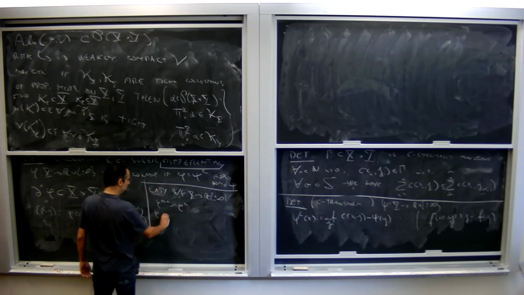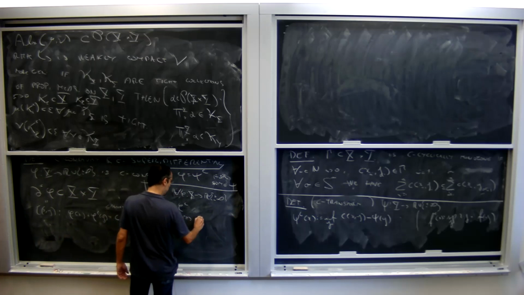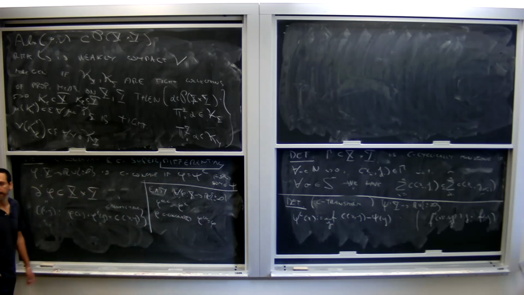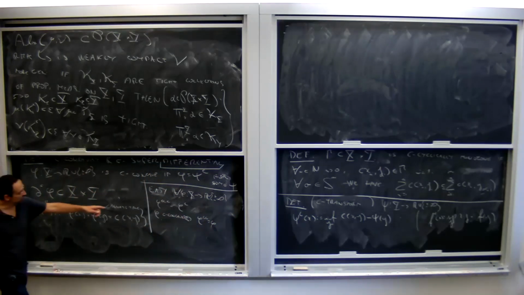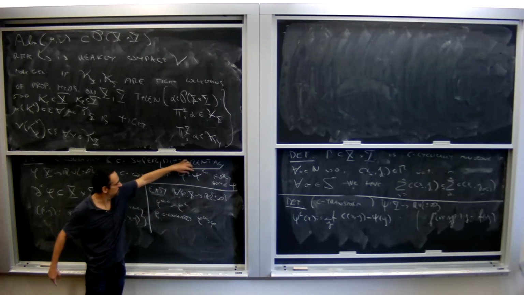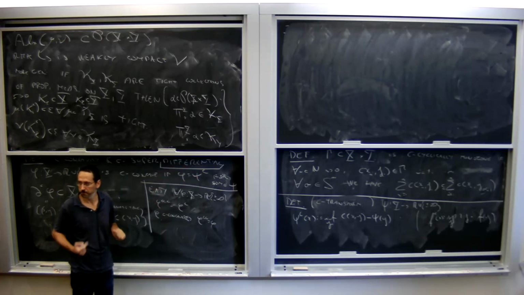So in particular, if phi is C-concave, then phi^cc is equal to phi. In fact, this is an if and only if. Because if phi is C-concave, phi is the transform of something, so doing the transform two more times is like doing it just once, so it goes back to phi.